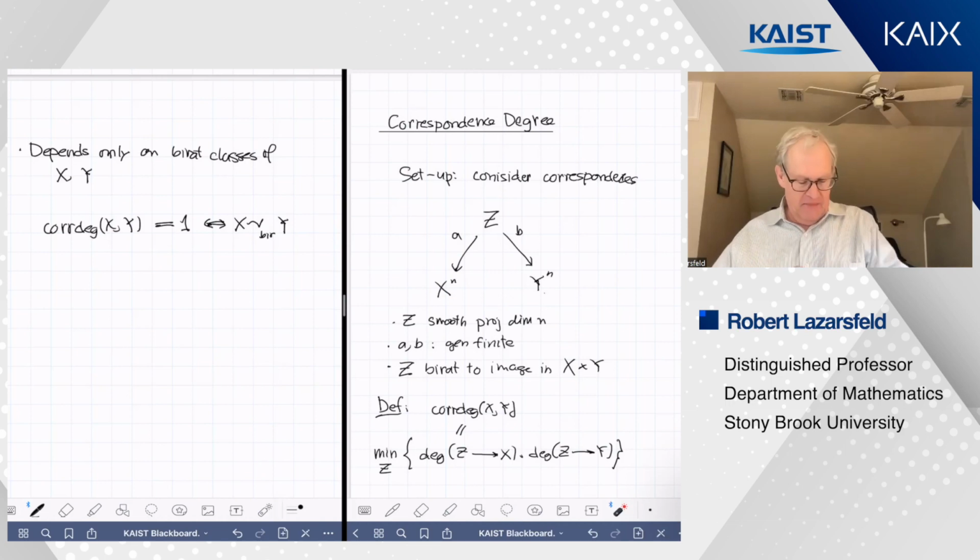Okay, and it's an amusing exercise to check that, in fact, this correspondence degree satisfies a kind of multiplicative triangle inequality.